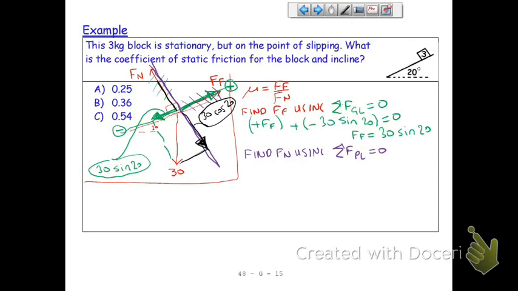And this is its own component. Let's call this positive and this negative. I say plus Fn added to minus 30 cosine 20 equals 0. So Fn is equal to 30 cosine 20.